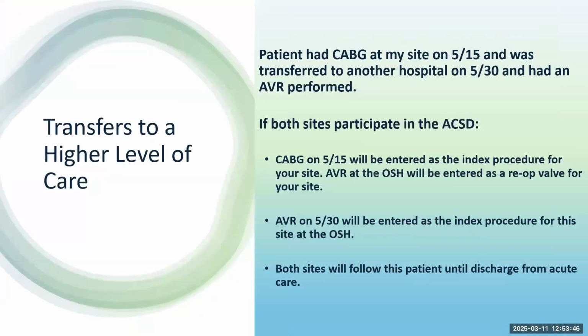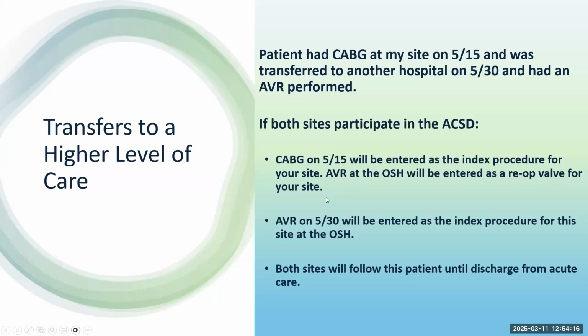Okay, so your cabbage at your hospital is your index procedure for your site. The AVR then is at another site, but you transferred that cabbage to that other hospital for more acute care. So you have to follow that patient. You do not put this AVR in as a procedure. It's a complication.